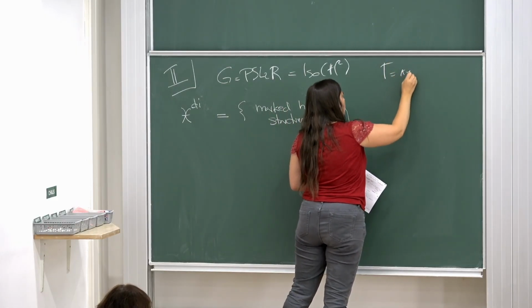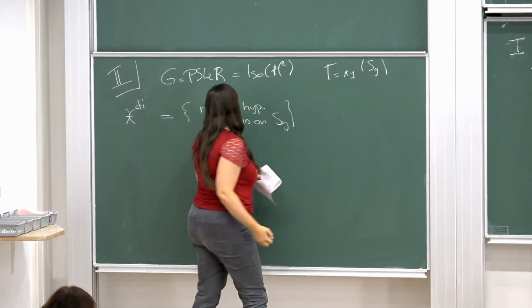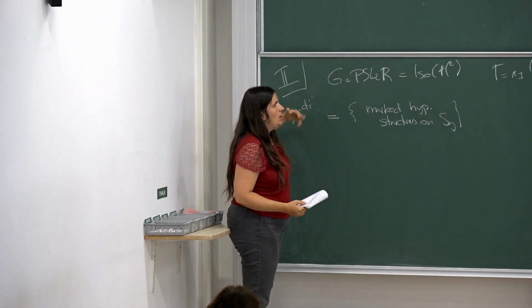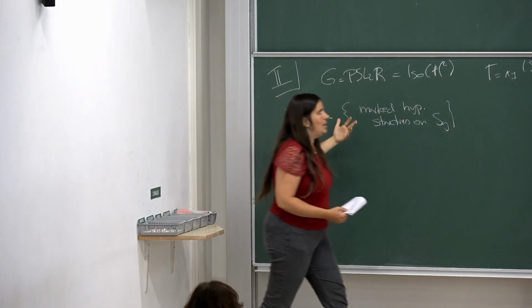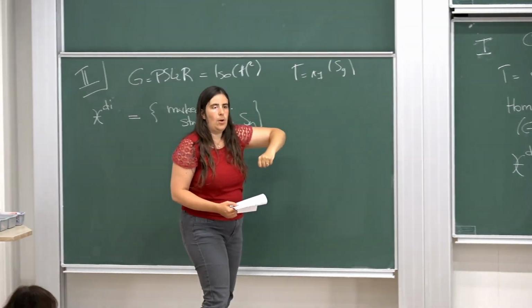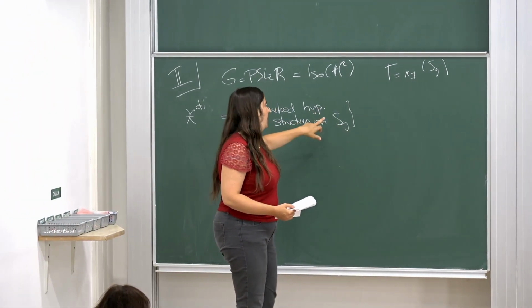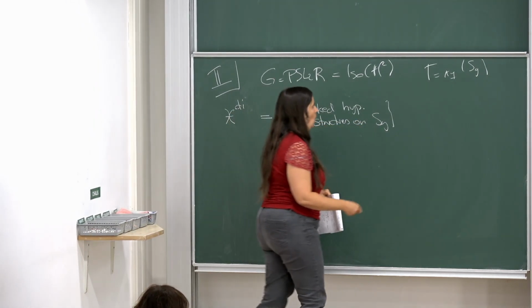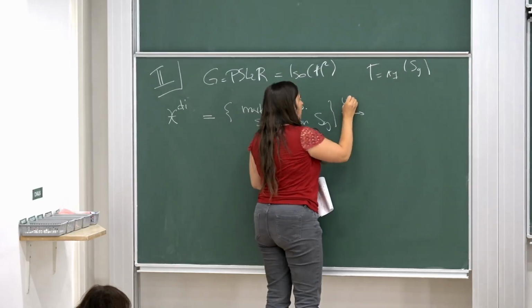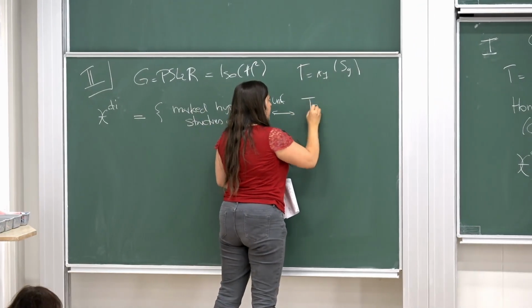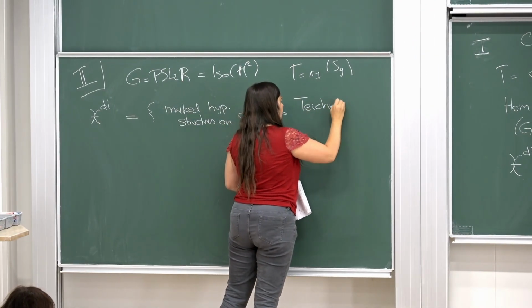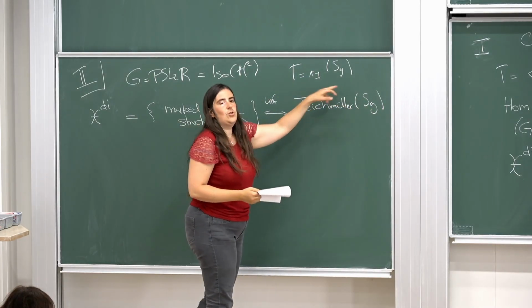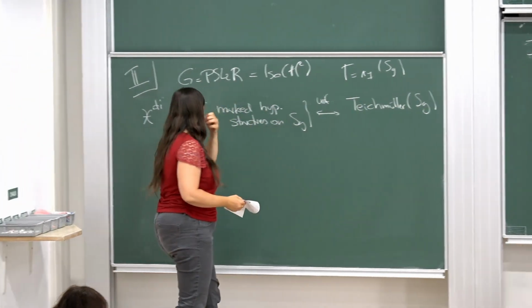Gamma was the fundamental group of my surface. So looking at injective homomorphisms with discrete image, the quotient of H2 will be a compact hyperbolic surface, and I'm looking at marked compact hyperbolic structures on my topological surface, which through uniformization is the same as the Teichmüller space of SG, the Riemann surface structures on this surface.